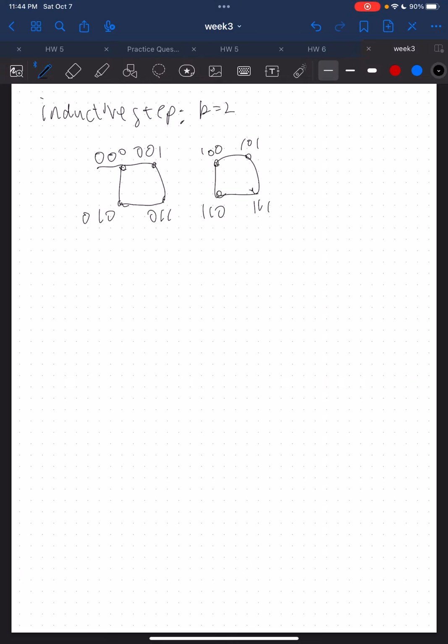So before we complete the Hamiltonian cycle on the degree k hypercube, we're going to stop here, and we are going to cross over to the corresponding vertex on the other hypercube, right?